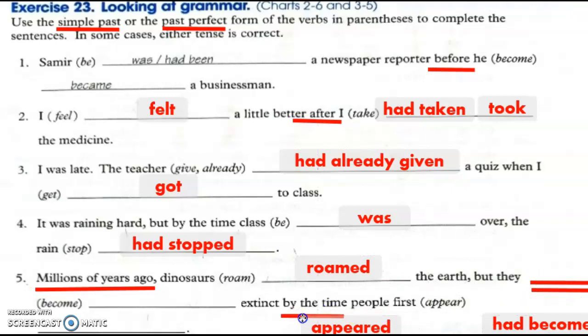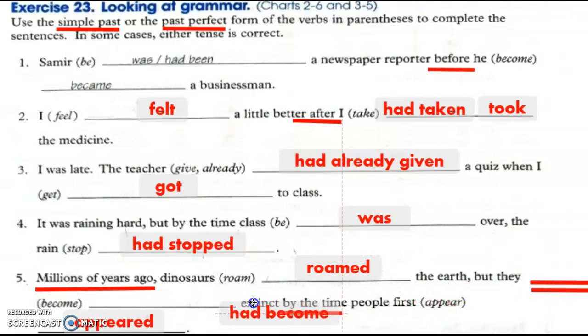Well, we have the expression of time, by the time, the adverb of time. And as mentioned before, when we have by the time, the verb in this clause should be in the simple past, and the verb in the main clause should be in the past perfect.